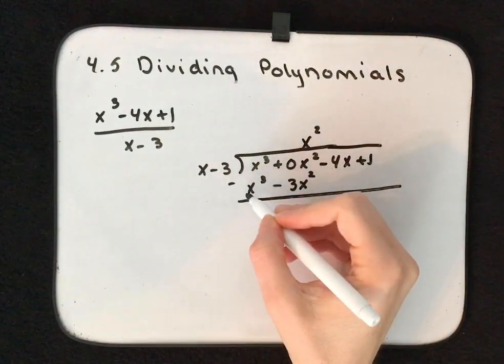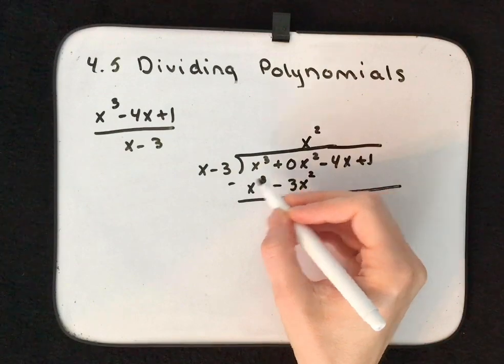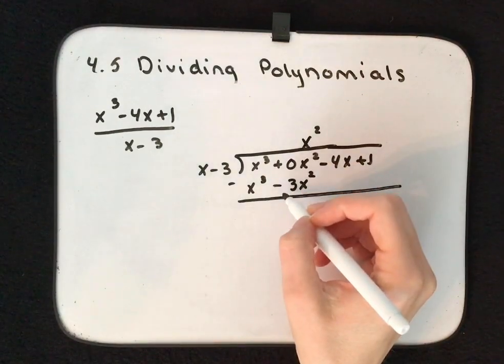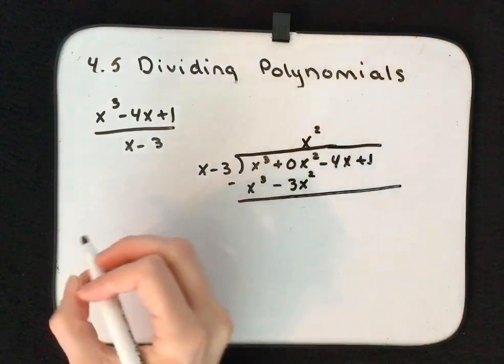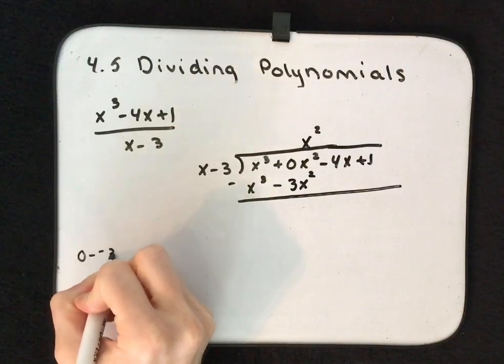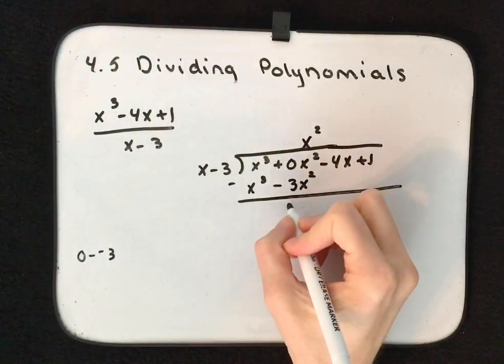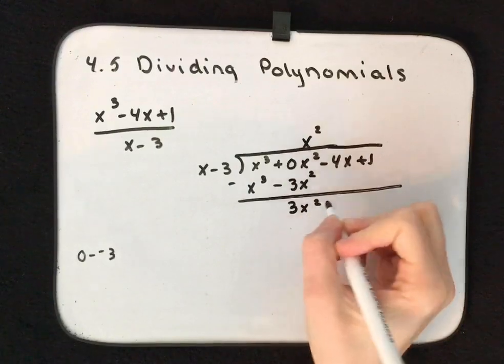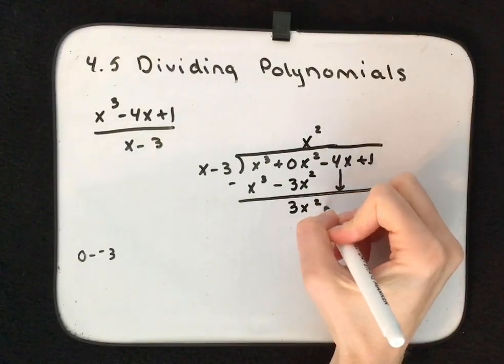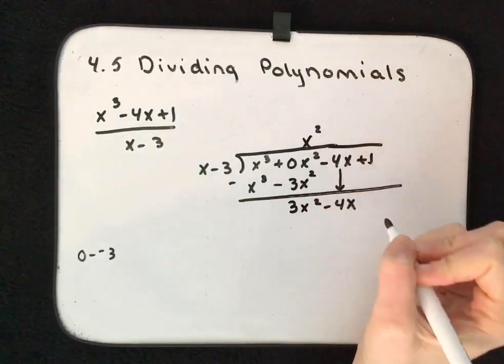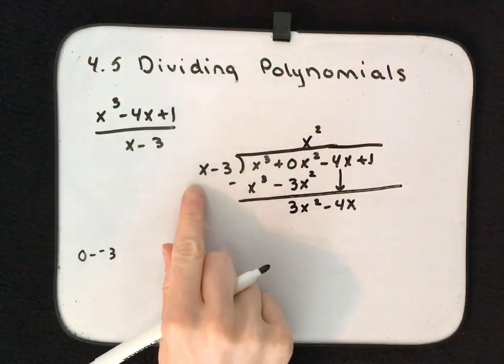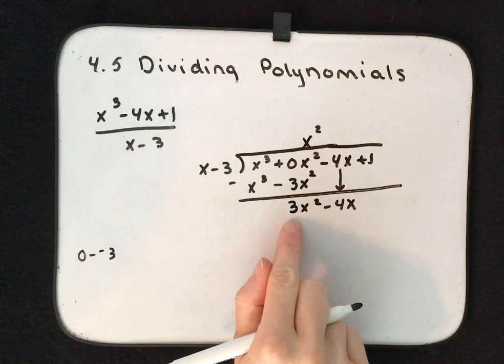X to the third minus x to the third is 0. 0 minus negative 3, so add your opposite. That's going to give us 3x to the second. Bring down your next piece, and then we can go again. I have x. I need 3x to the second.